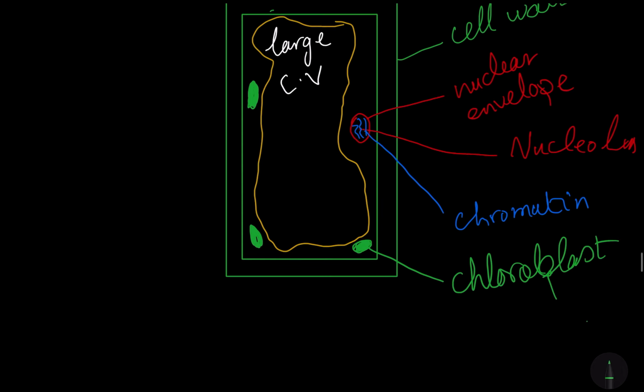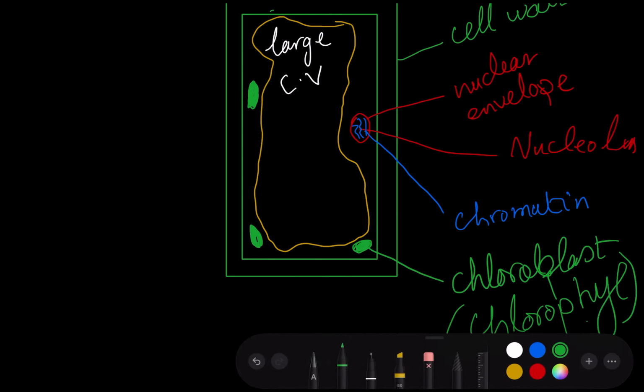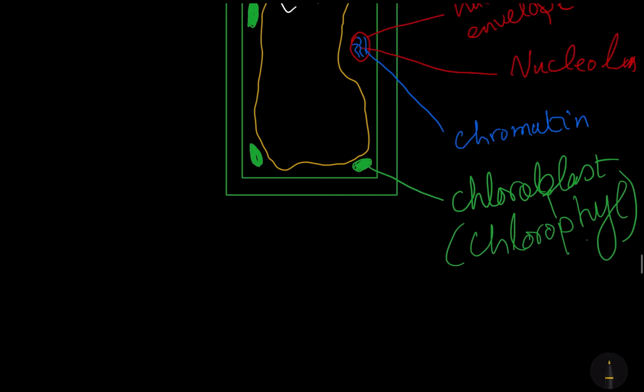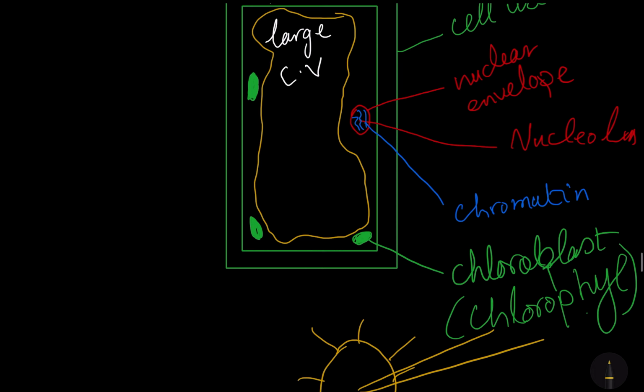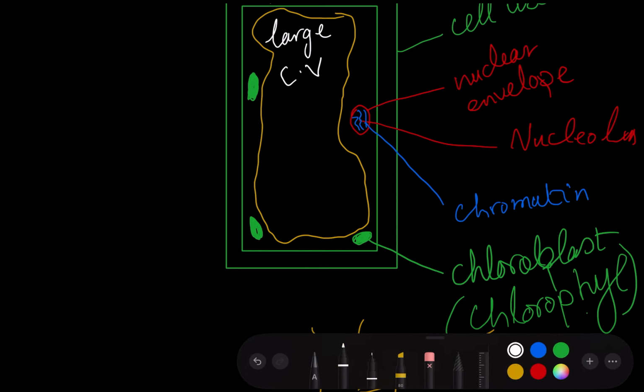Chloroplasts contain chlorophyll, which captures the sunlight to cause photosynthesis. For your remembrance, I'll draw the sunlight here which the chlorophyll captures, and it is of green color.